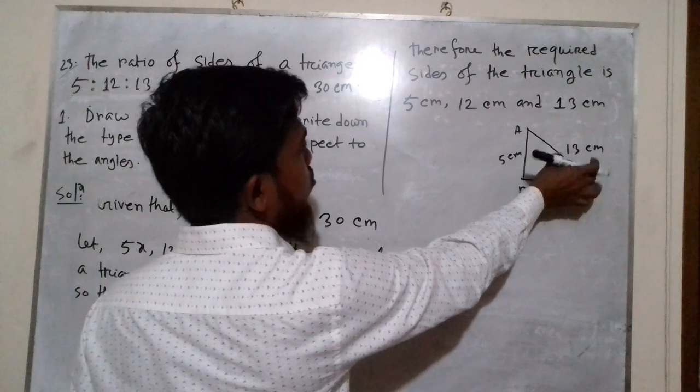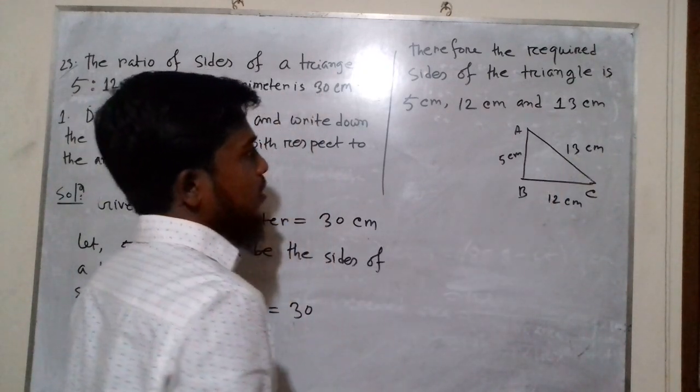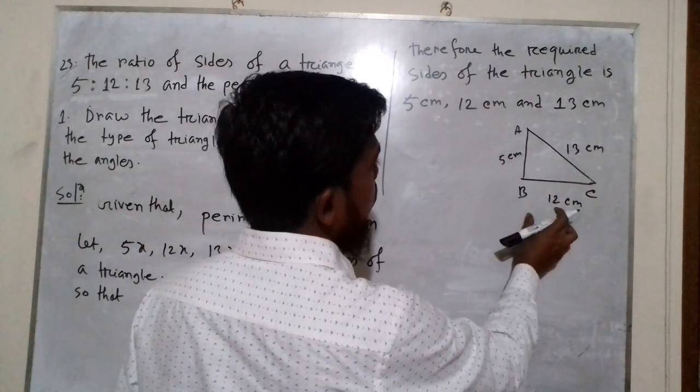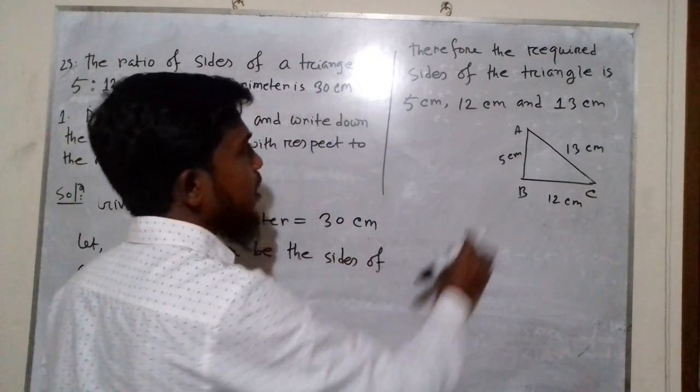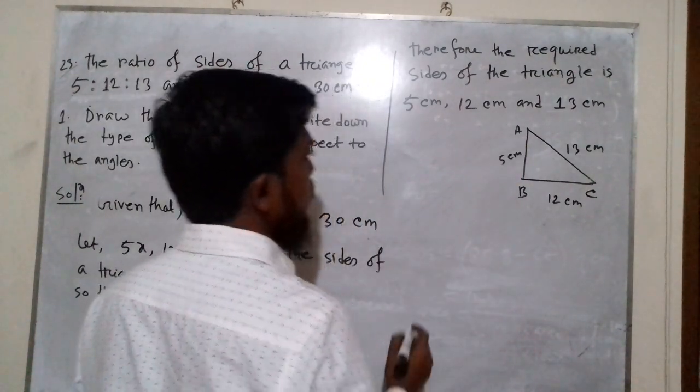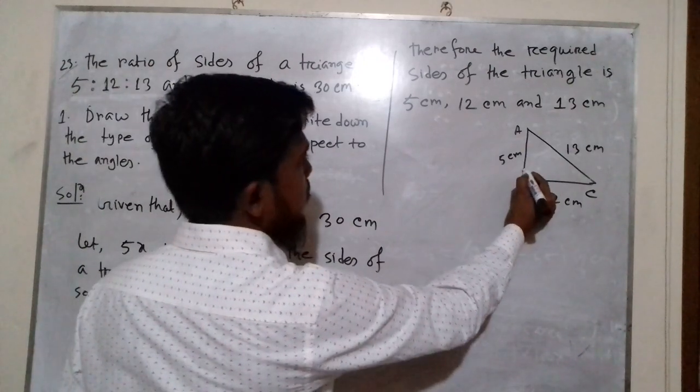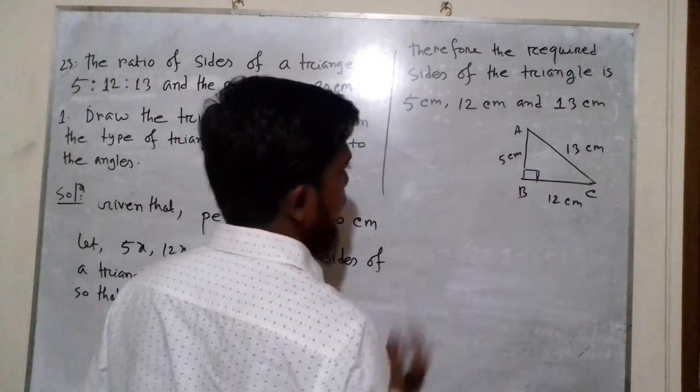This is AC equal to 13 centimeter, BC equal to 12 centimeter and AB equal to 5 centimeter. So this is a right angle.